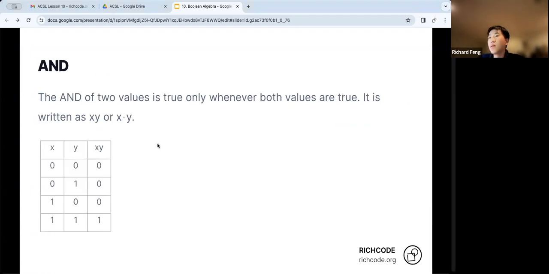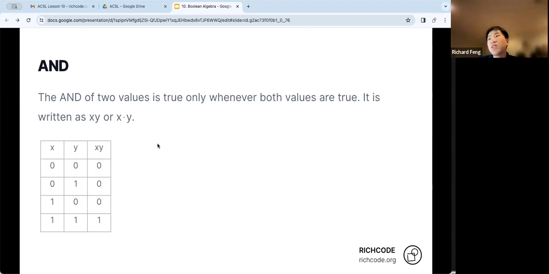I'll start with the three basic operators, the first of which is and. The and of two values is true only whenever both values are true. It is usually written as xy or x times y, similar to multiplication in math.